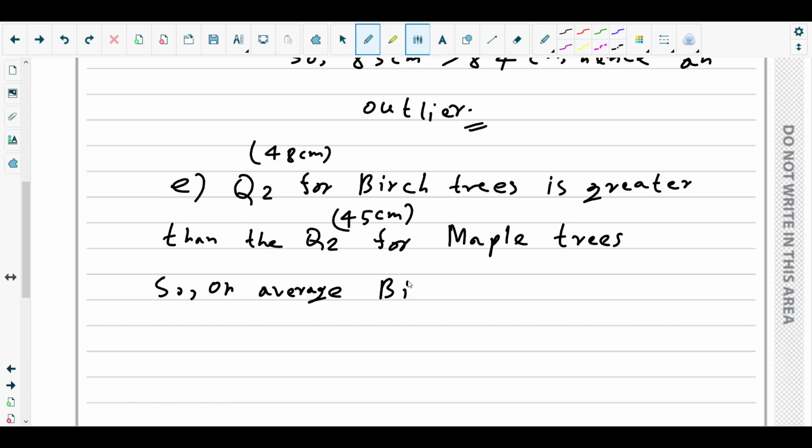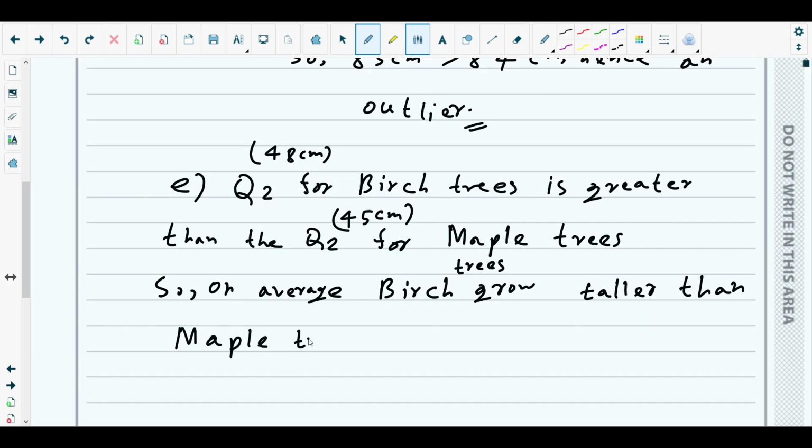Birch trees grow taller, or you can say higher than what? Maple trees. Birch trees grow taller than what? Maple trees. That's it. Part E done.